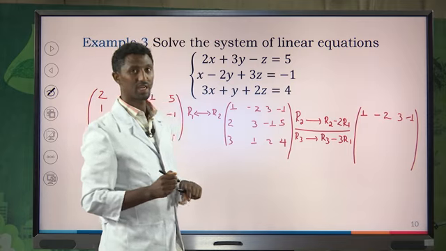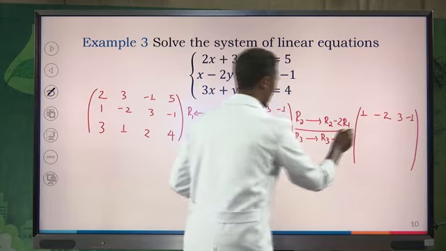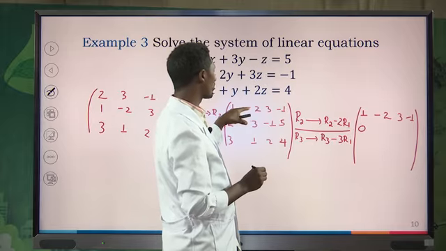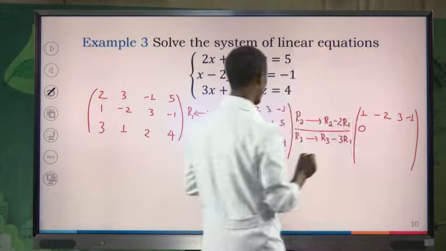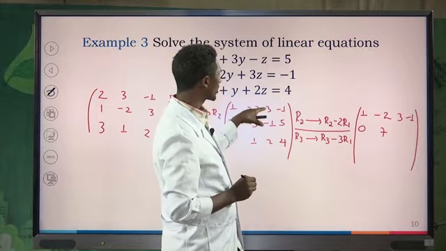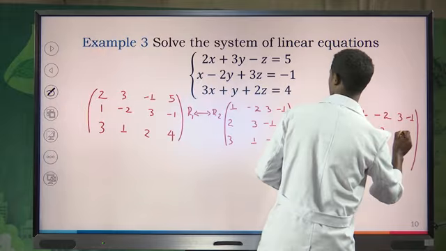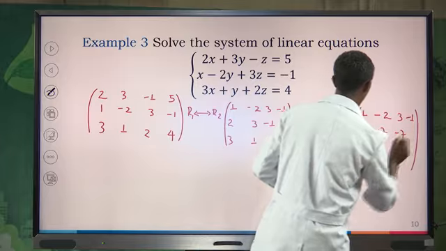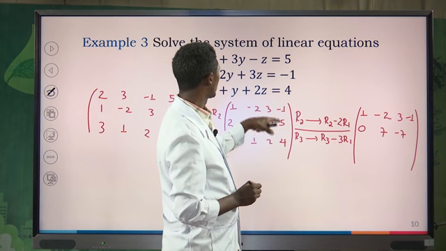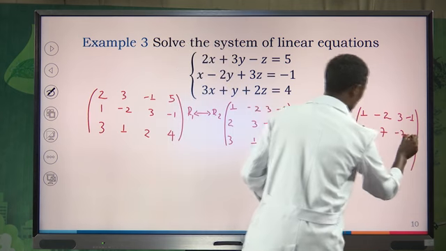And then the second row: 2 minus twice 1 is 0. 3 minus twice minus 2, that's plus 4, it is 7. Minus 1 minus twice 3, that is minus 7. 5 minus twice minus 2, that's plus 2, so it is also 7.